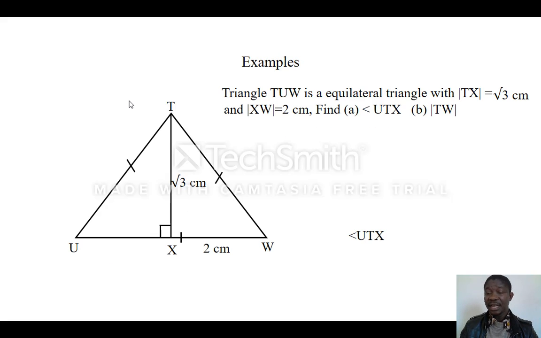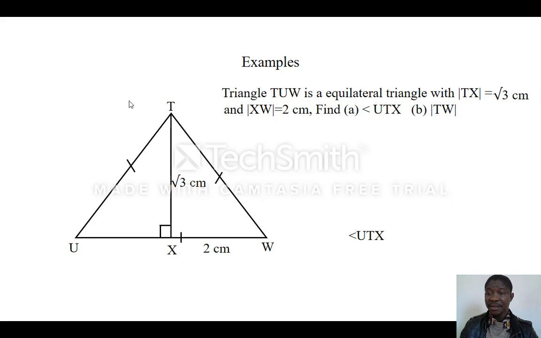Now let's look at this example. In this example, triangle TUW is an equilateral triangle with TX equal to root 3 centimeters and the length XW equal to 2 centimeters. We have been asked to find (a) angle UTX, and (b) the length TW. If you look at the length TW, we can consider triangle TXW to be a right angle triangle.